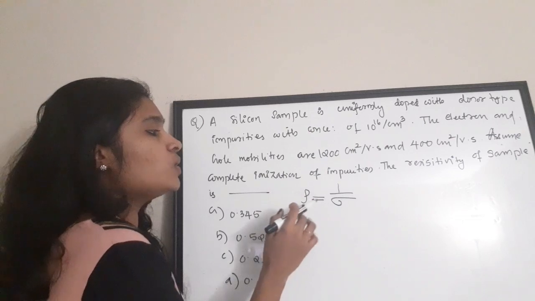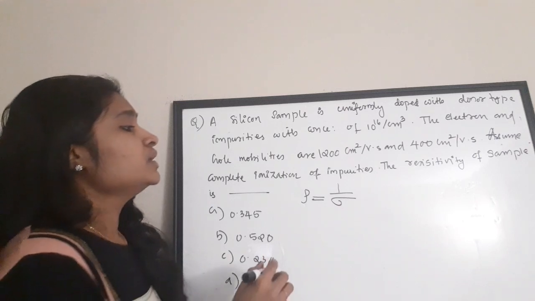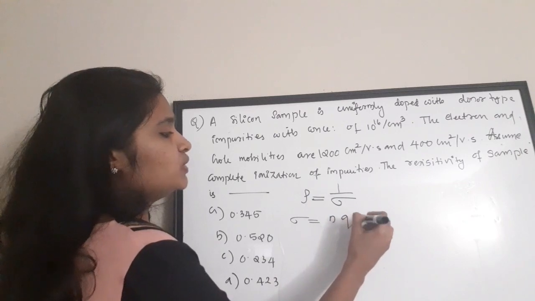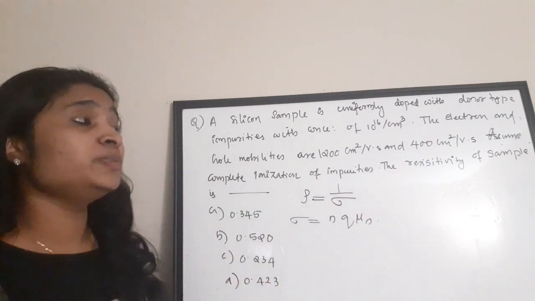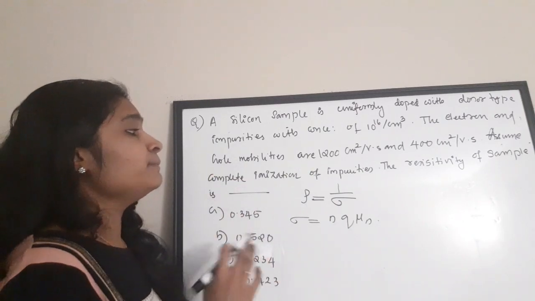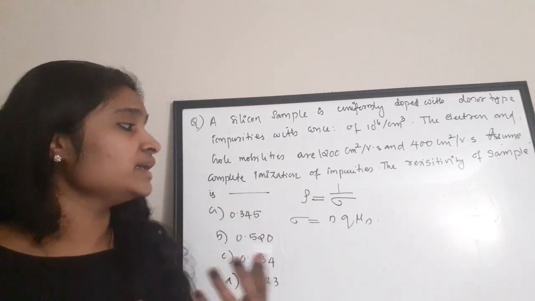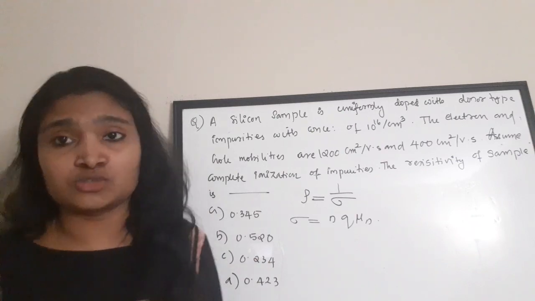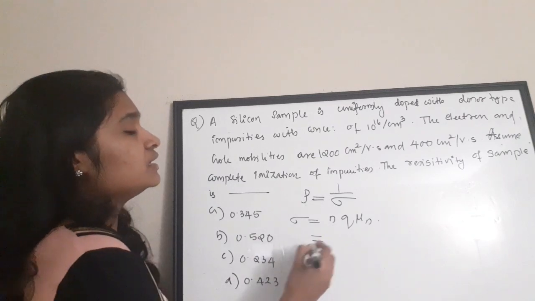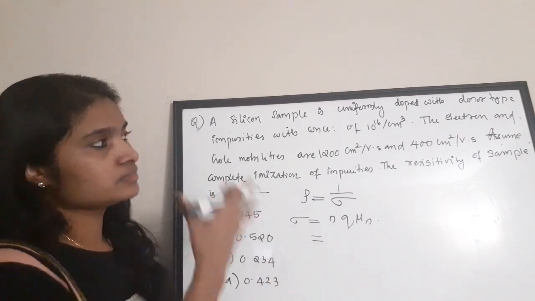So rho, the resistivity, is equal to 1 by conductivity, and the equation for conductivity is N into Q into mu N. Here the sample is doped with donor type of impurities, and complete ionization of impurities is assumed, so this sample has an abundant number of electrons. So the conductivity is contributed by electrons, and N is the number of electrons present.